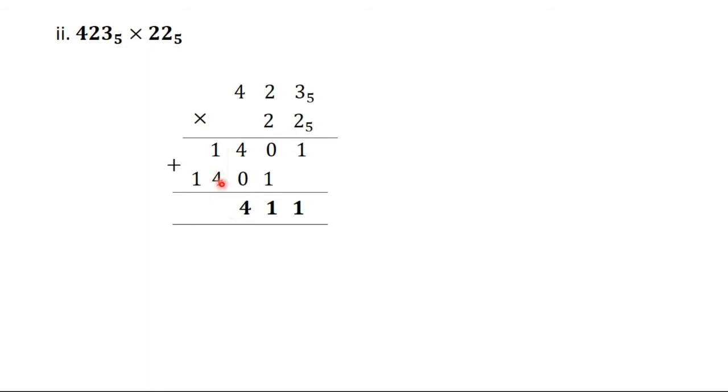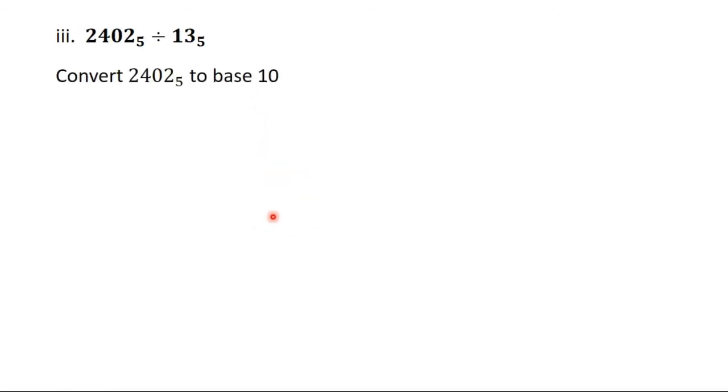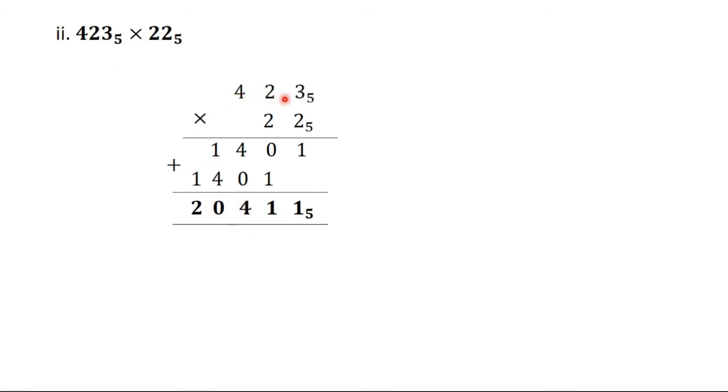1 plus 4 will give us 5. 5 in base 5 is 1 remainder 0. So you write the remainder 0, you carry the 1 forward to the side. We add that 1 to this, which is already 1. So 1 plus 1 will give us 2. And we are doing the addition in base 5. So it means that if you multiply 423 base 5 by 22 base 5, you're going to have 420,411 base 5.